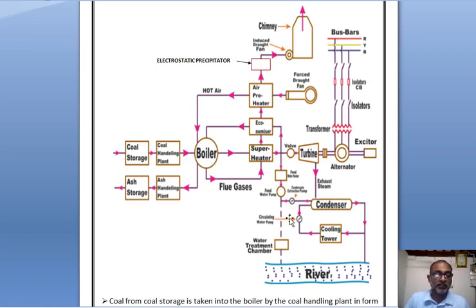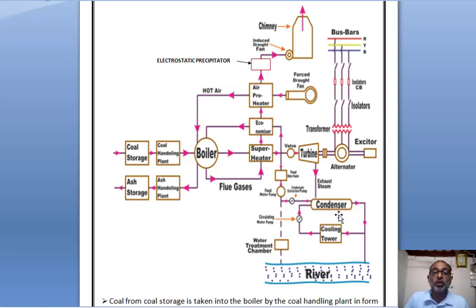Now next, if a sufficient amount of water is available in the river during the whole year, in those days we are taking the water from the river for the condenser. That means with the help of a pump, we are circulating the water in the tubes of this condenser, which is used to convert steam into water.